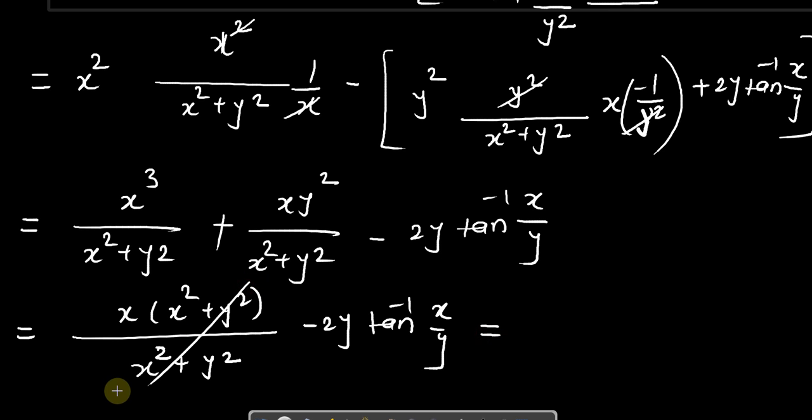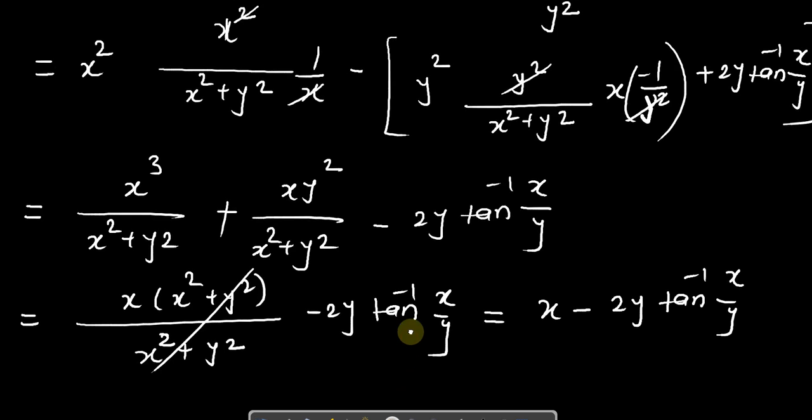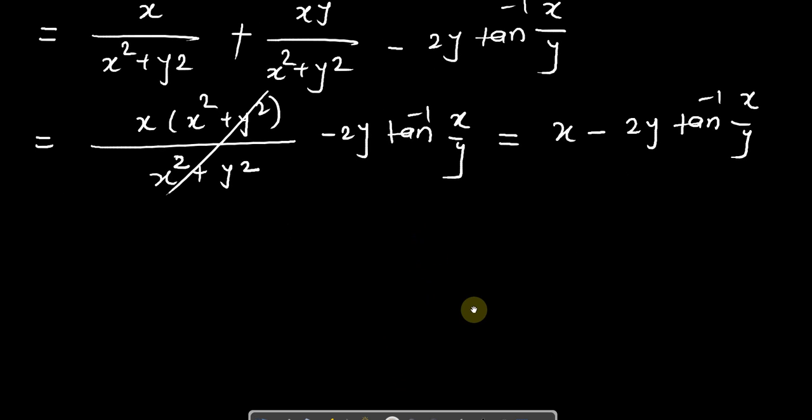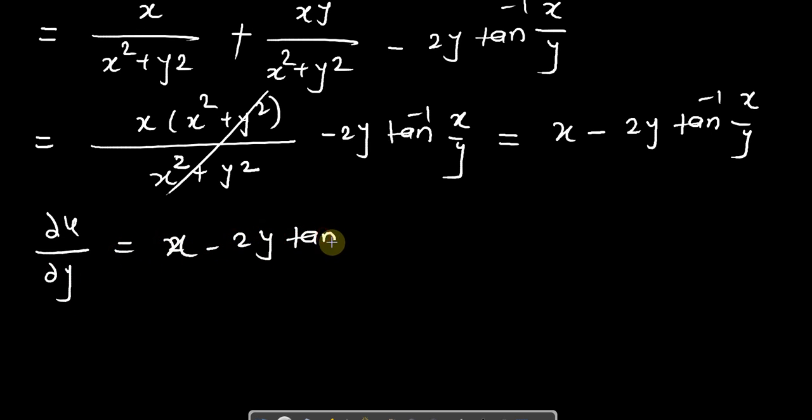So bracket gets cancelled, we get this value as x minus 2y tan inverse x by y. This is first part, that is derivative of u partially with respect to y. x minus 2y tan inverse x by y.